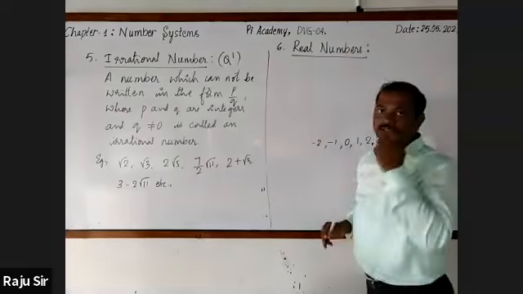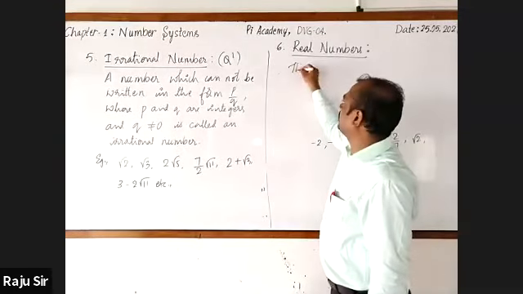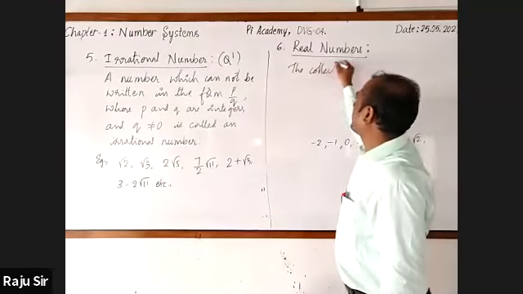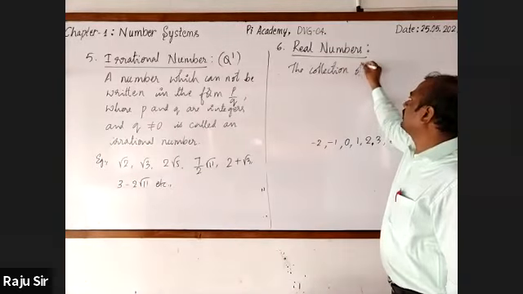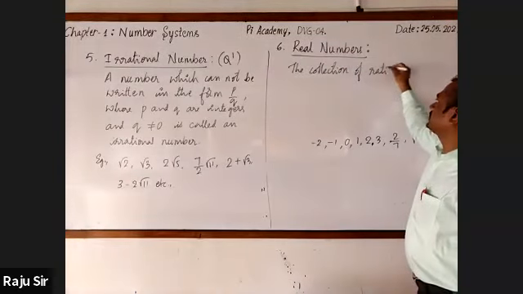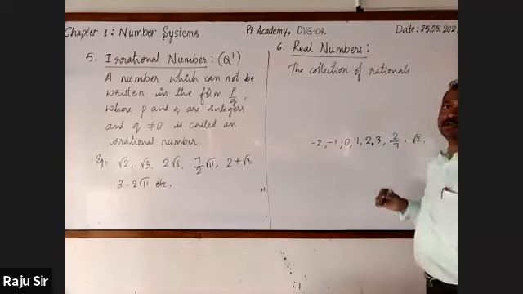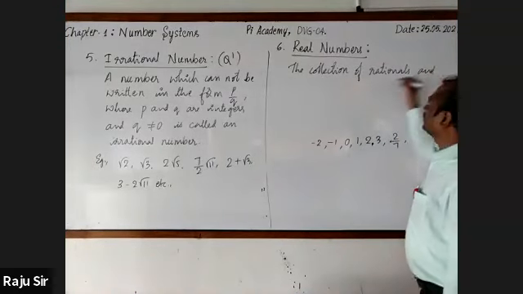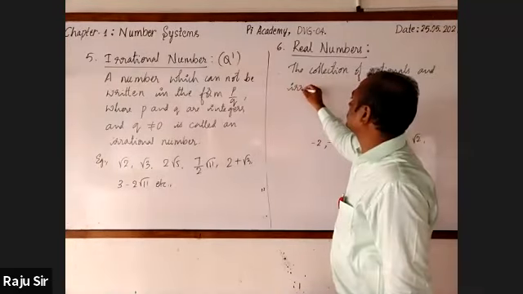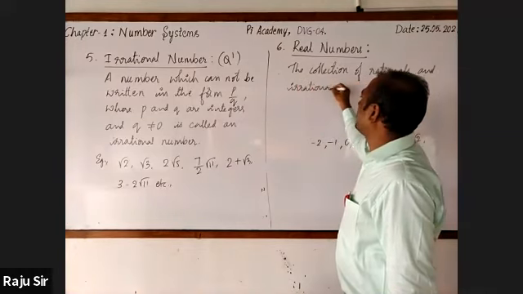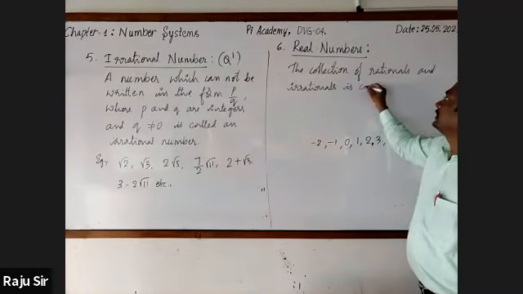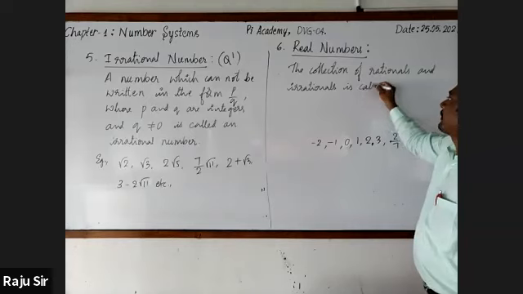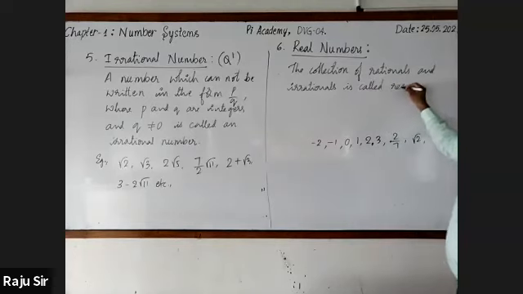Write out the definition. The collection of rationals, nothing but rational numbers, and irrationals is called real numbers.